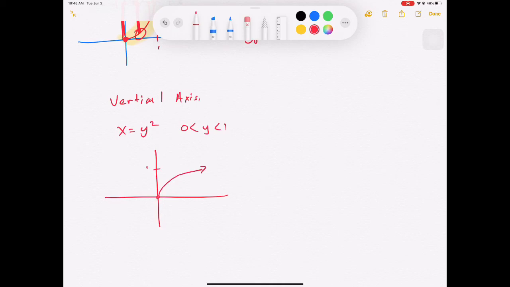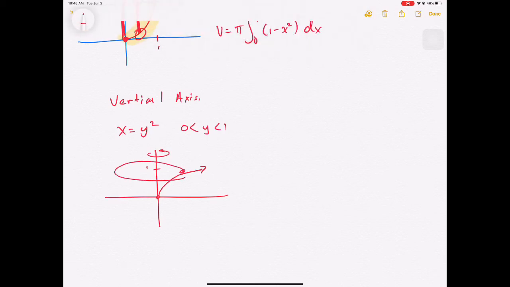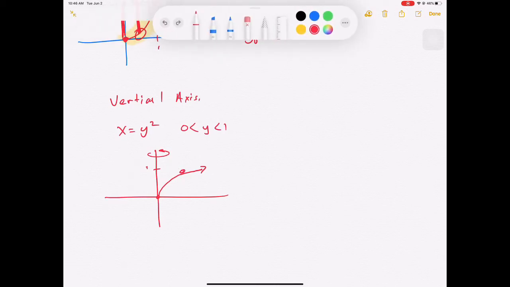And we're going to spin it around this way. We'll put the graph that comes out like this and spins out this way.